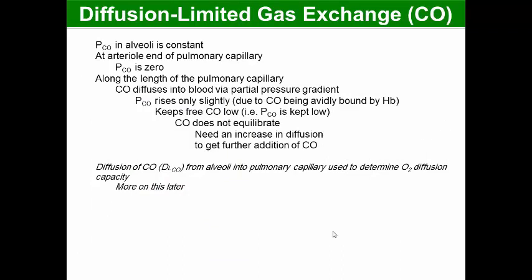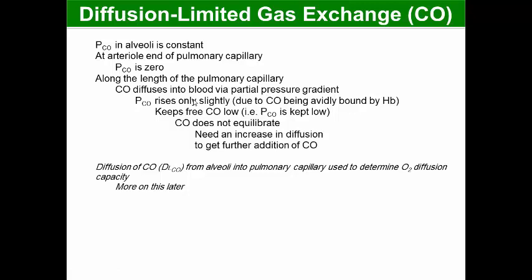So this is what we have just mentioned here. Carbon monoxide in the alveoli is constant. It doesn't change the partial pressure of carbon monoxide. And along the length of the pulmonary capillary, carbon monoxide keeps on diffusing. But the partial pressure of carbon monoxide rises only very slightly.